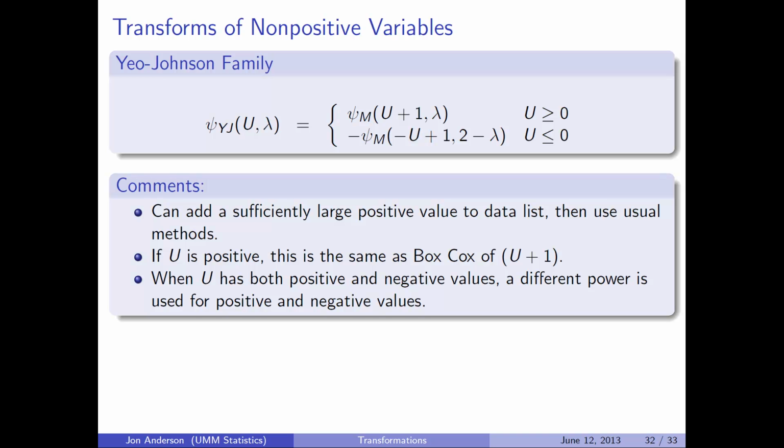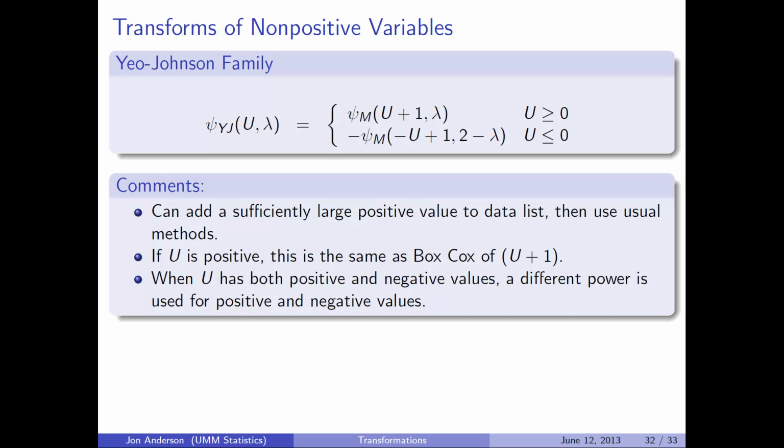Sometimes you can have response variables that are both positive and negative. And if you have non-positive values for a variable, it is hard to do some of the power transforms like a logarithm, because you really can't take a log of a negative value.